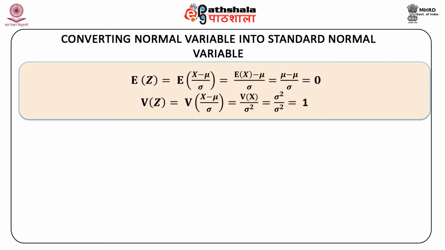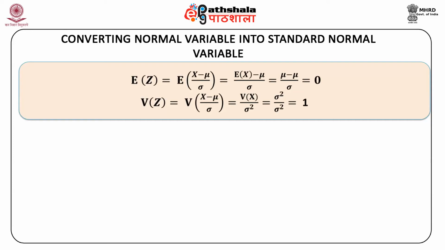Using rules of expectation, we find the two parameters of the standard normal variable z. The mean and standard deviation are 0 and 1 respectively. Expected value of z is equal to expected value of (x minus mu divided by sigma), which is equal to (E(x) minus mu) divided by sigma, which is equal to (mu minus mu) divided by sigma, which is equal to 0.